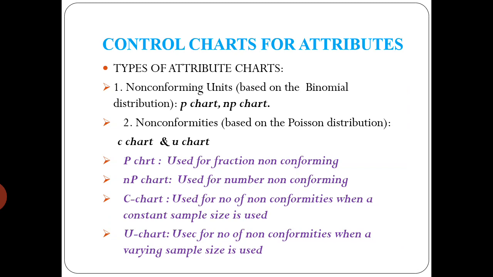In simple words, the P chart is used for fraction non-conforming, and the NP chart is used for number non-conforming, that's why N. The C chart is used for non-conformities when a constant sample size is used. The U chart is used for number of non-conformities when a varying sample size is used.